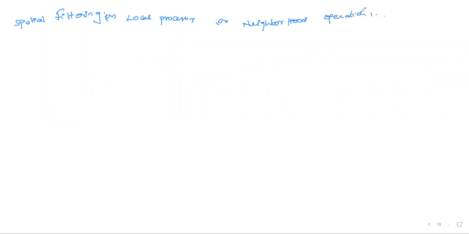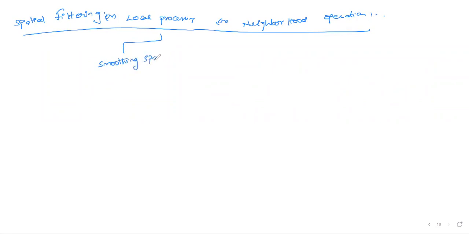Okay. So the spatial filters are classified into two ways. Smoothing spatial filter, or we call it a low pass filter.